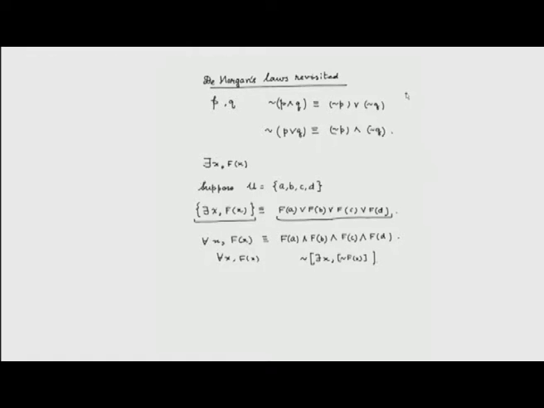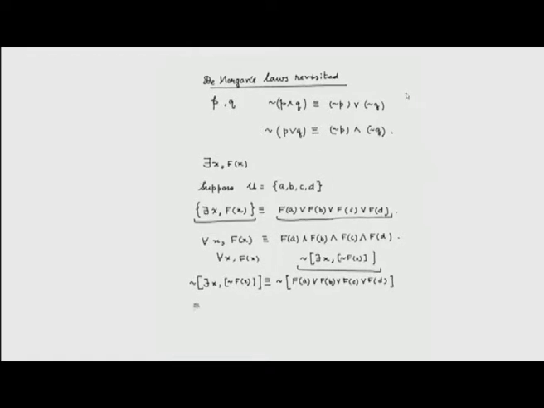Now, suppose I start with this proposition, not of there exists x not of f x. This is equivalent to not of f a or f b or f c or f d, restricting the universe to just the set A B C D.